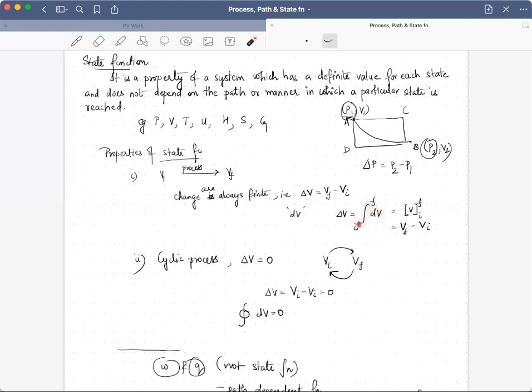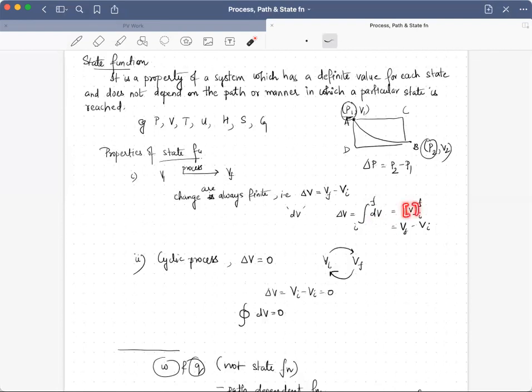Now this change is happening from an initial state i to a final state f, so we write it as i to f. Those who know integration know that the integration of a differential dV will be simply that function itself. So the integration of dV would be simply V.